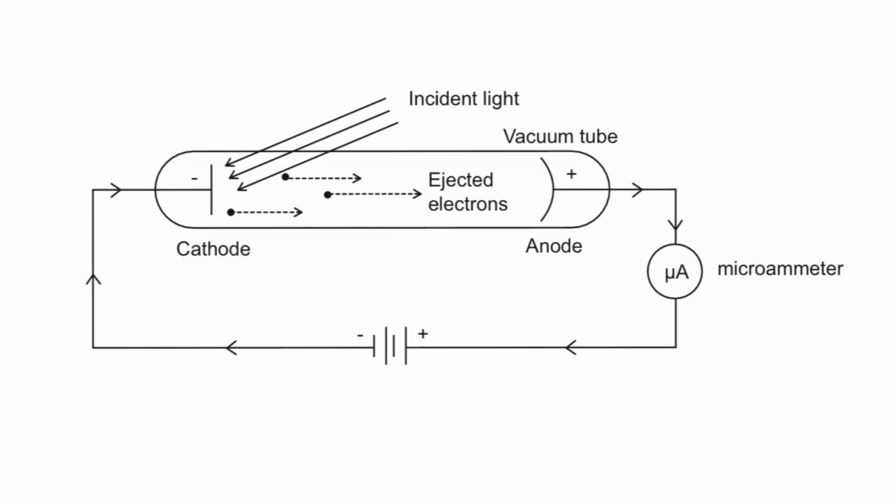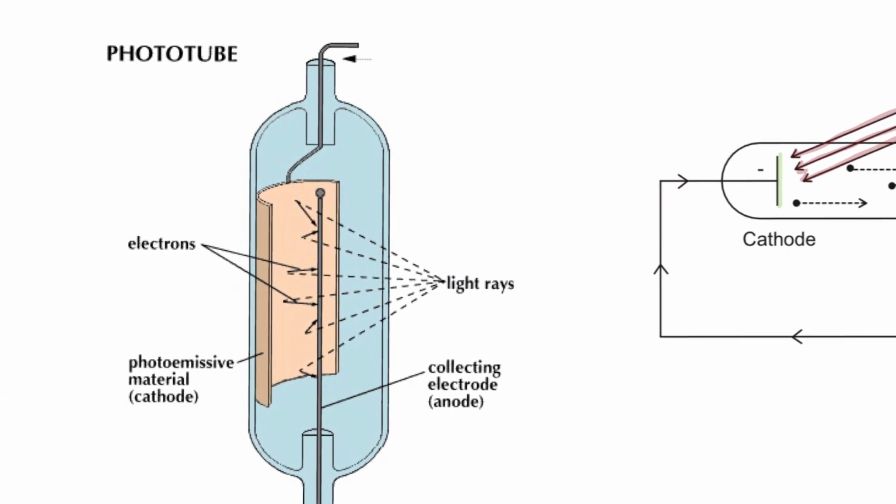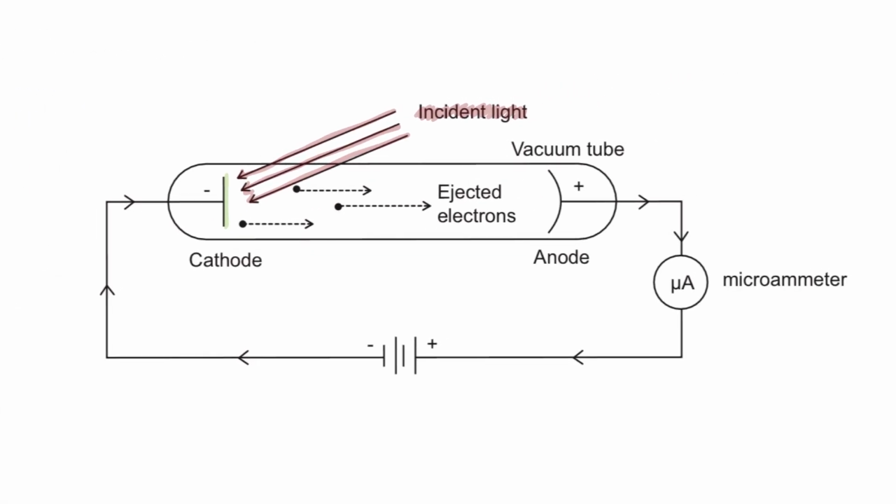And the first thing that's happening here is we've got an incident light. Now your incident light can be red light, blue light, whatever the case is, any kind of light that comes through. Now this incident light is going to shine onto the cathode. Right, now this cathode is an emissive material. Let's make a note here.